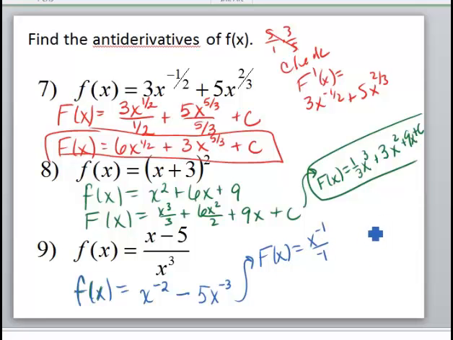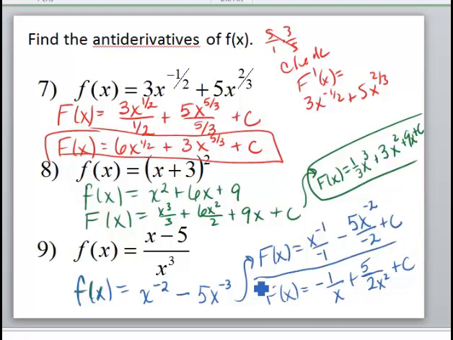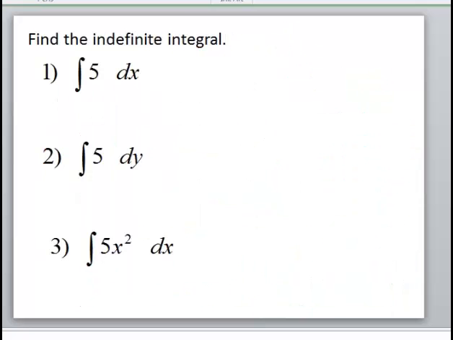Remember, we're raising the power by 1. So 5x to the negative third, raise the power by 1, gives me x to the negative 2 over negative 2, plus c. So the antiderivative is negative 1 over x when I'm cleaning this up. We have a negative negative, so it actually makes it positive 5/2. And the x squared goes on the bottom, plus c. And we're done. Again, I'm not going to do a check on that one either.